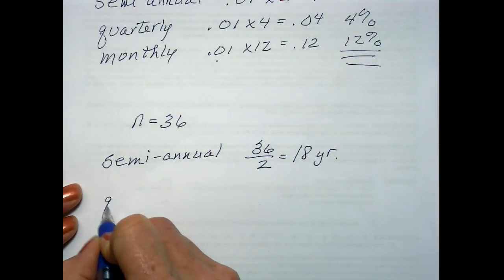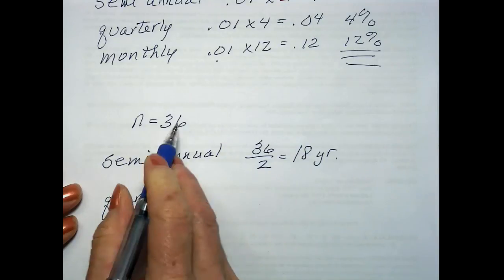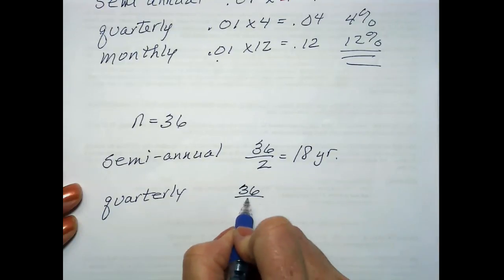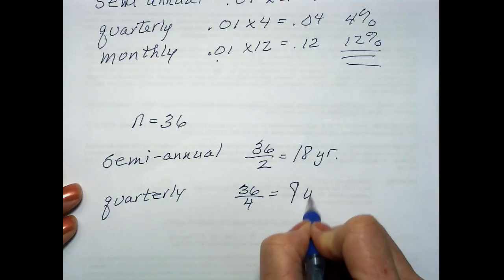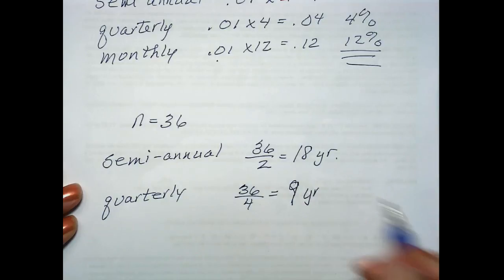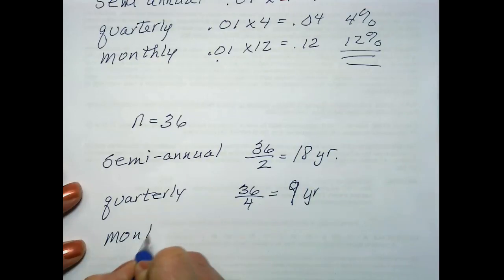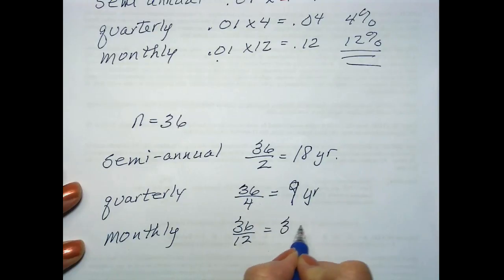If I did a problem and I got n equals 36 and it was quarterly, I would take 36 divided by 4, or 9 years. Monthly, 36 divided by 12, 3 years.